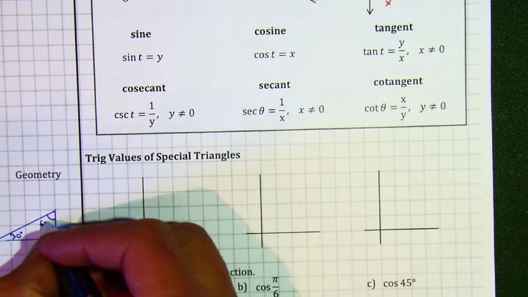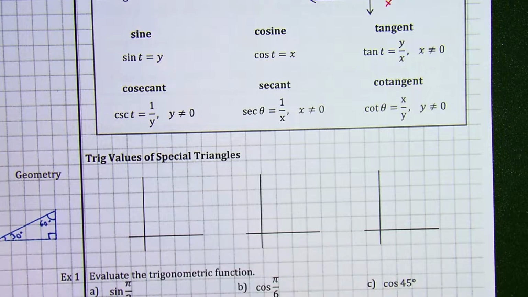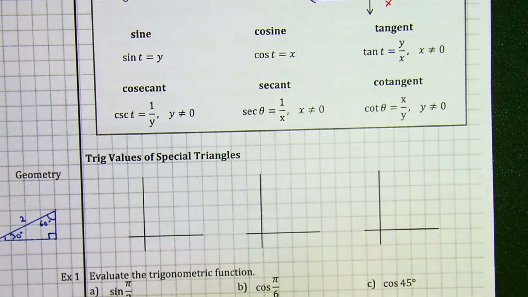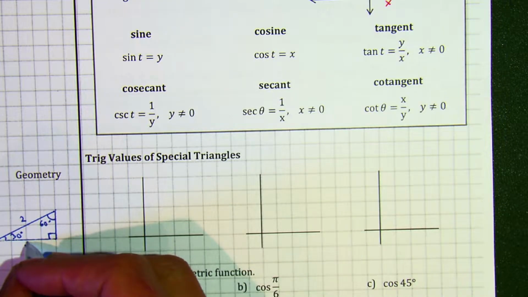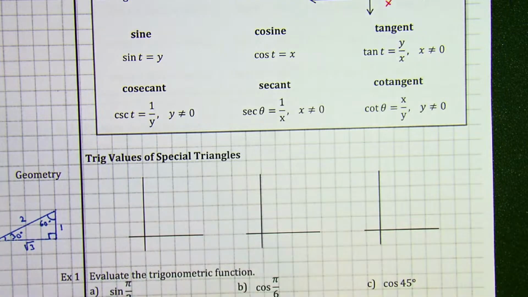This is 60, and this is 90. And the way that you learned it was this is 2. This was square root of 3, and the smallest one was 1, correct?